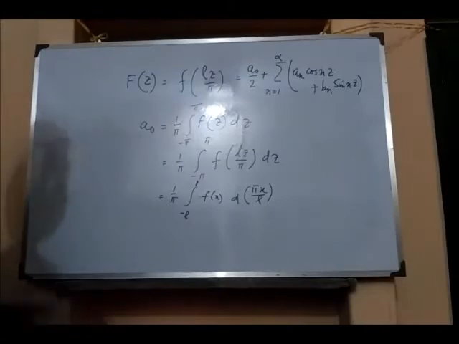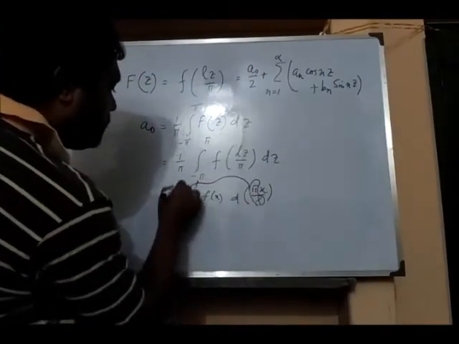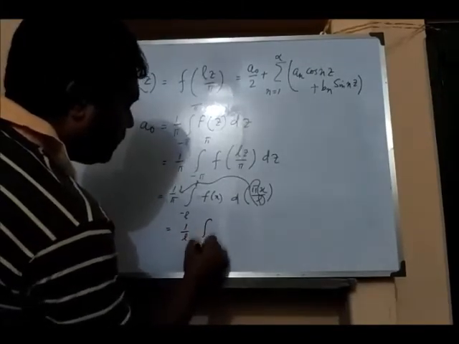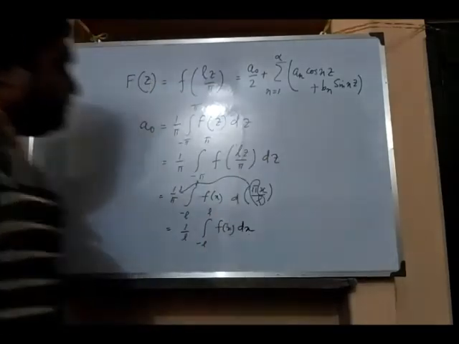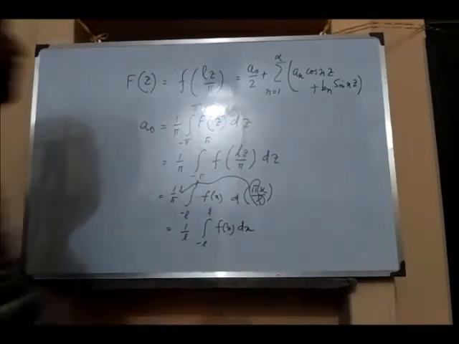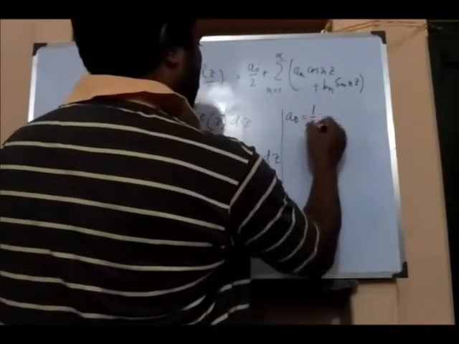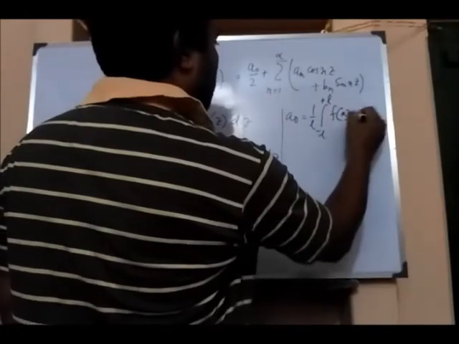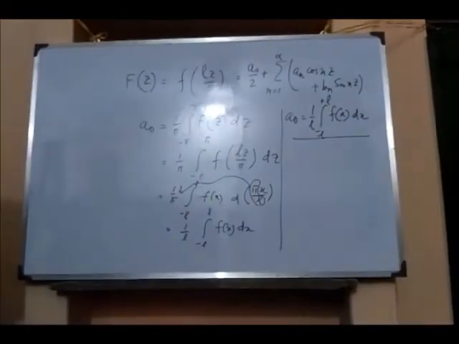Okay, so bring this pi by L as it is constant outside. What you will get is 1 upon L, integral from minus L to plus L of f(x) dx. So the value of a0 is 1 upon L minus L to plus L f(x) dx. Right.